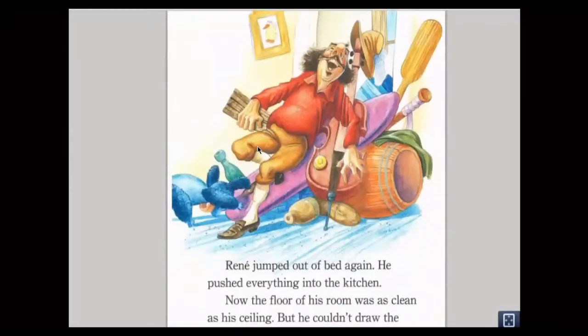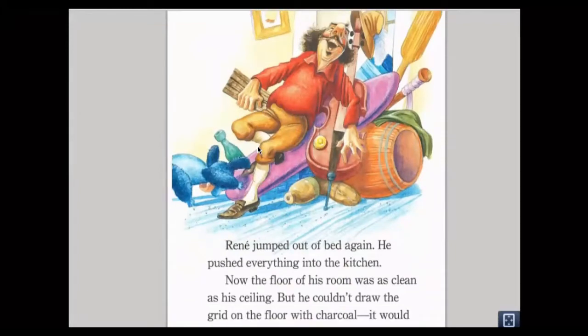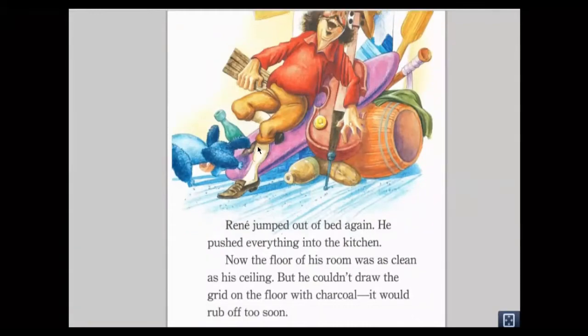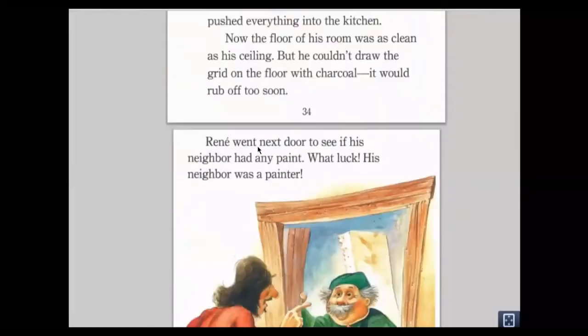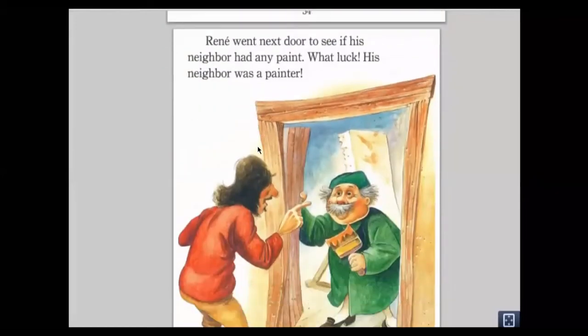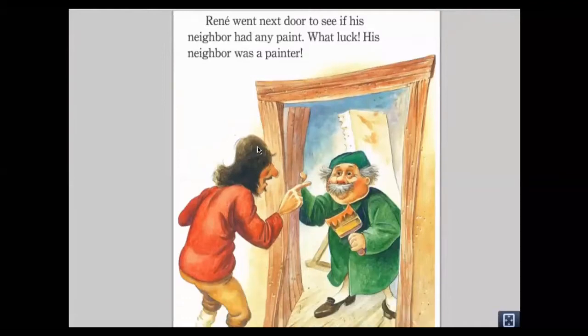René jumped out of bed again. He pushed everything into the kitchen. Now the floor of his room was as clean as his ceiling, but he couldn't draw the grid on the floor with charcoal. It would rub off too soon. René went next door to see if his neighbor had any paint. What luck, his neighbor was a painter.